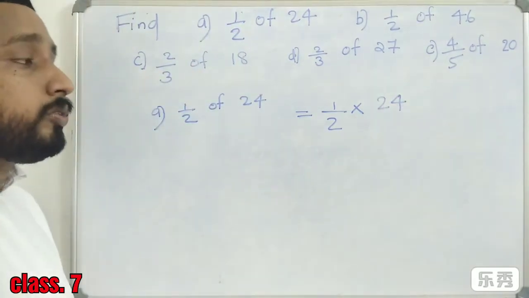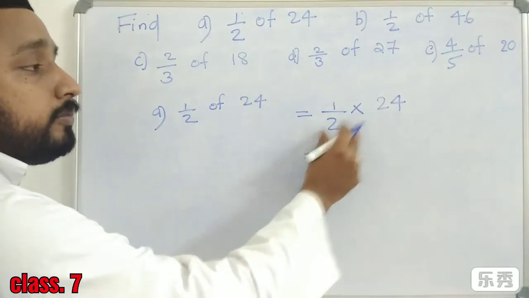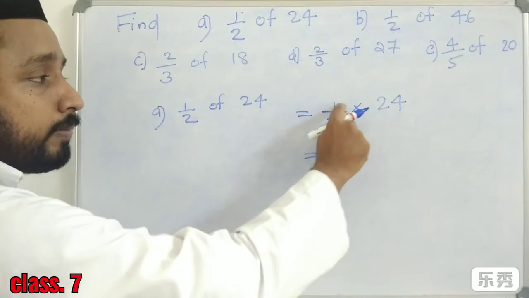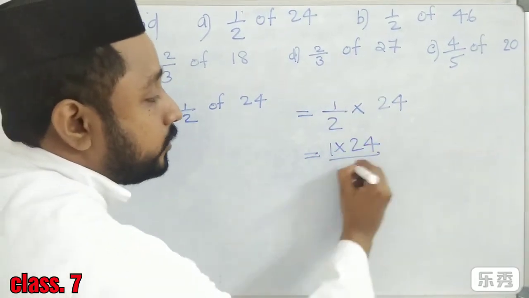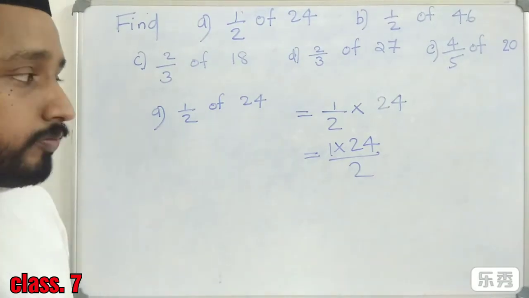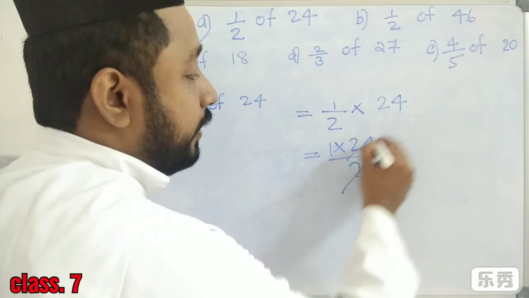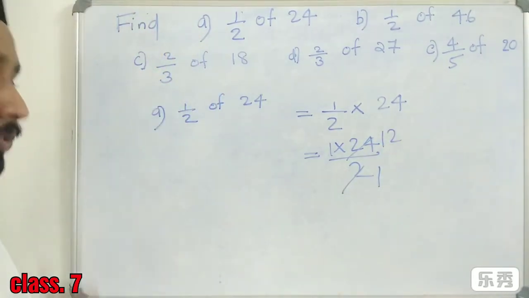So 1 by 2 into 24: here a fraction 1 by 2, here whole number 24. Then multiply the whole number with the numerator. Therefore 1 into 24 by 2. We can cut with the 2. Here 1, here 12, 12 into 2 is 24.